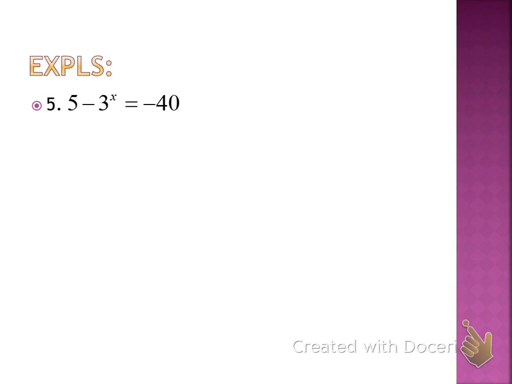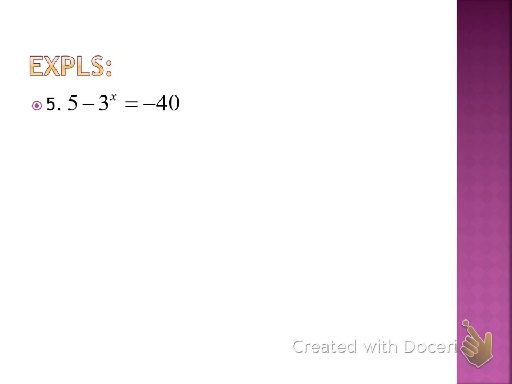Yes, this is 3 to the x here. 5 minus 3 to the x equals negative 40. Now, I'm not saying that you have to do it this way, but this is how I'm going to recommend doing it. If there are things you can do to start getting x alone before we take the logs, we should do that because that'll make our lives simpler.